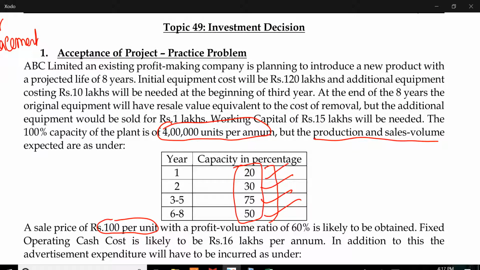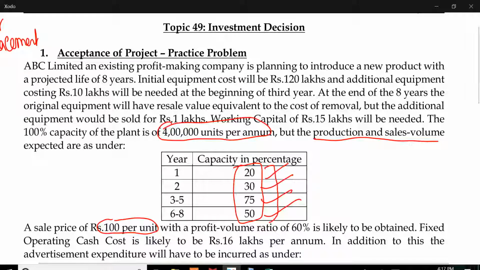The revenues for the first year is 4 into 20%. 4 is, we are doing in lakhs. 4 into 20% into 100 rupees, 80 lakhs.